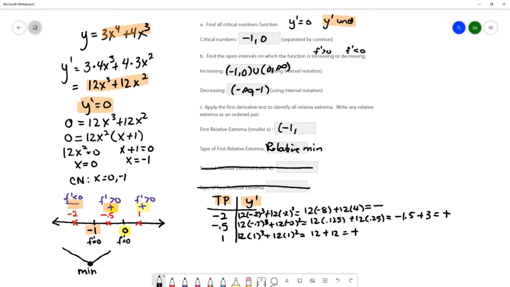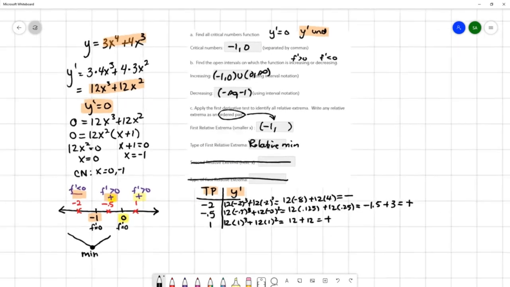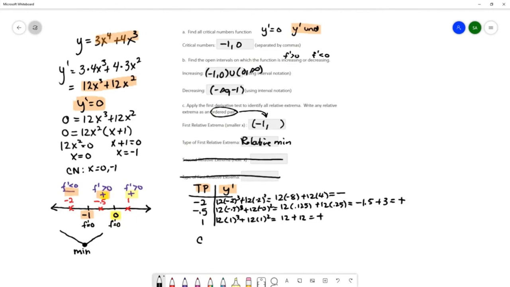So in order to complete the ordered pair for this, I need to find the y-coordinate that goes with this relative extrema, this critical number. So I'm going to substitute that critical number of -1 into the original function, 3x to the 4th plus 4x cubed.